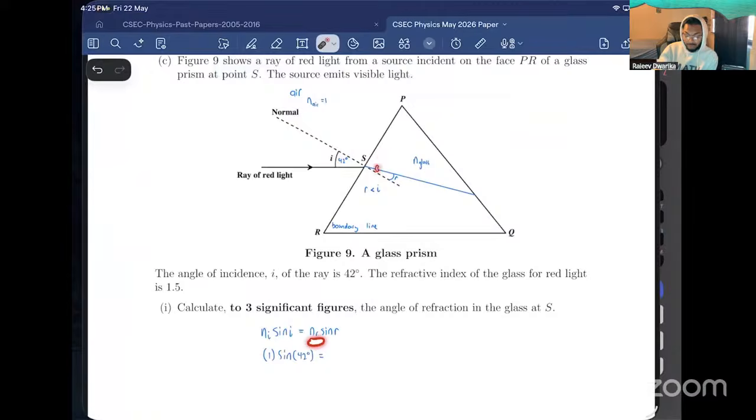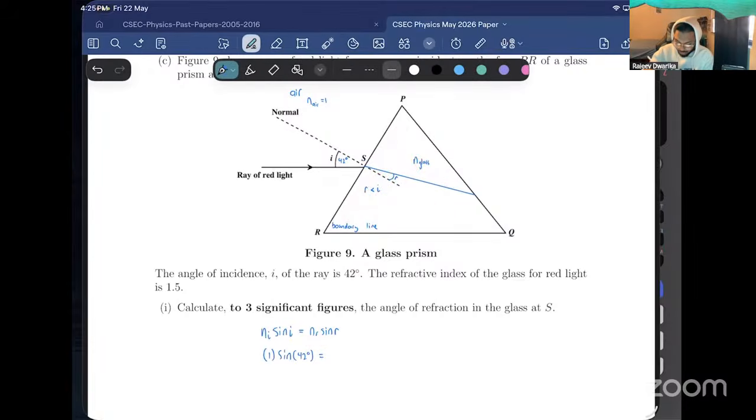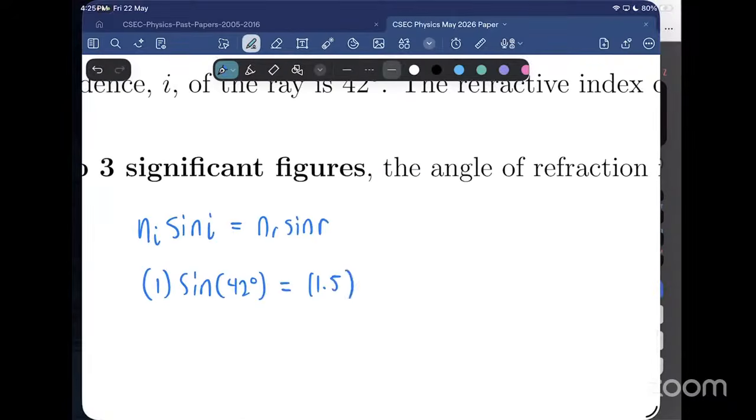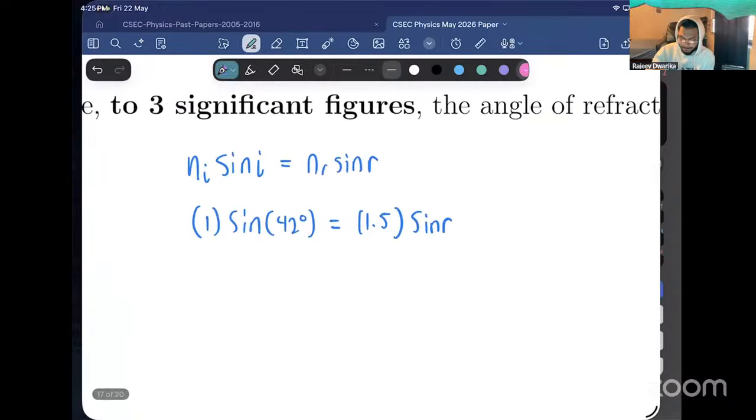The refracted ray is inside the glass, so I can put 1.5 for that. The only unknown is the angle of refraction, so I should divide both sides by 1.5.